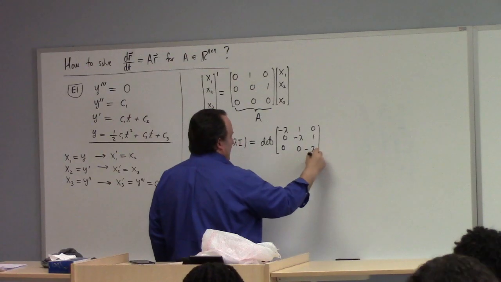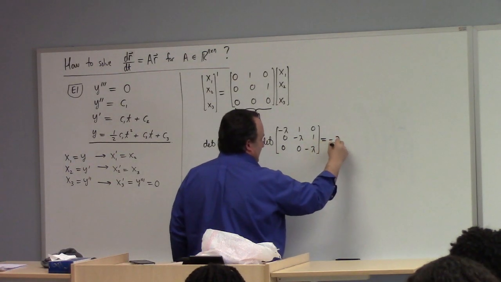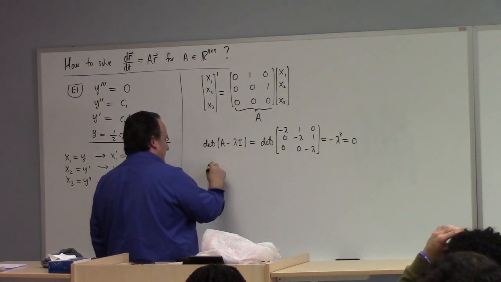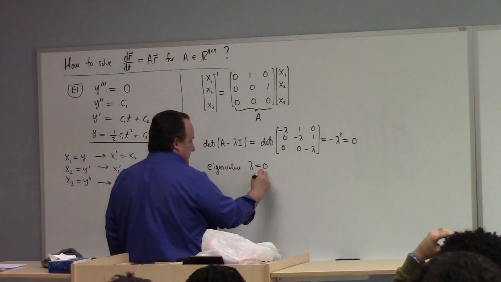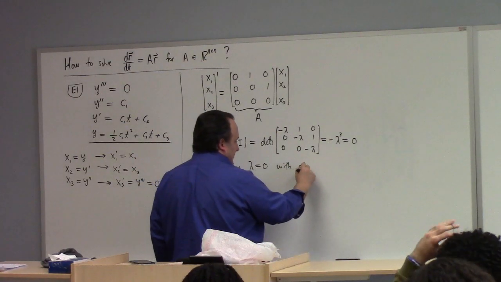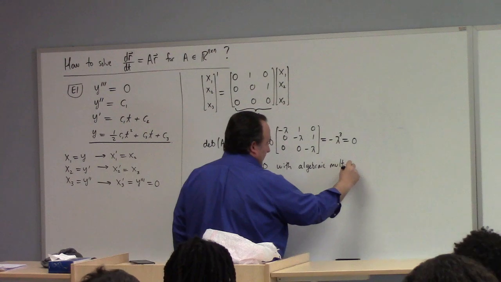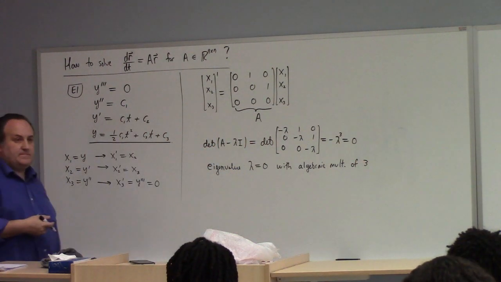This is an easy determinant to calculate. We've got minus lambda cubed. So my eigenvalues are what? We have eigenvalue lambda equals 0 with algebraic multiplicity of 3. What's the geometric multiplicity here?